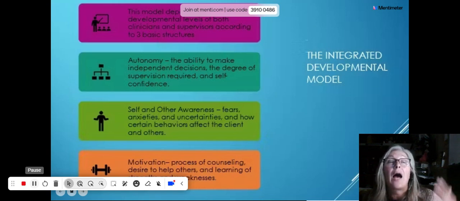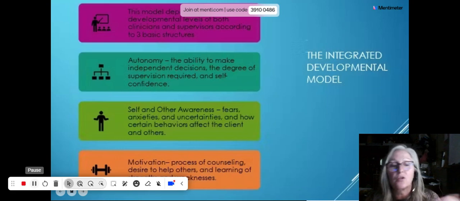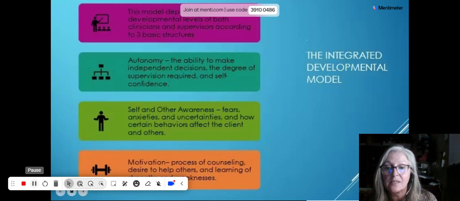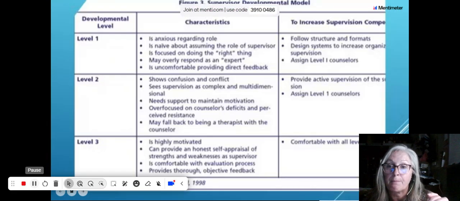How are they with fears, trying something new, getting more difficult or more complex clients? And what is their level of motivation to help others, but also, a big one, to learn and get outside of their comfort zone. That's a big thing too. So these are just some continuation things of how the integrated model assesses clinicians to respond appropriately.